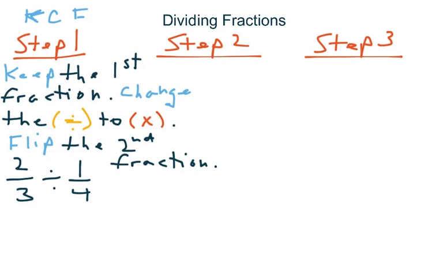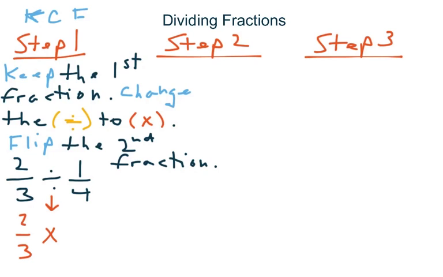So here's the example. Here's what that looks like. 2/3 stays. That's my keep the first fraction. So I'll rewrite it just like this, 2/3. But now I need to change the division sign to multiplication. So instead of division, I'm going to have multiplication. The third thing I'm going to do is flip the second fraction.